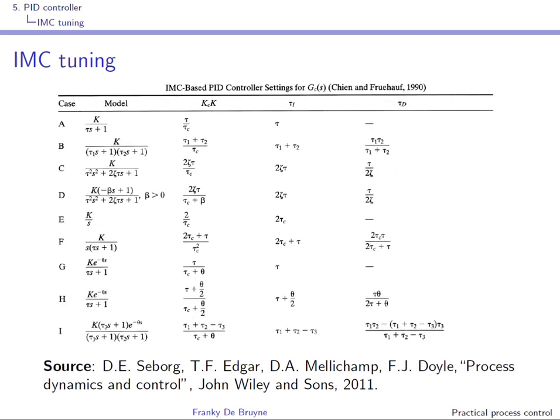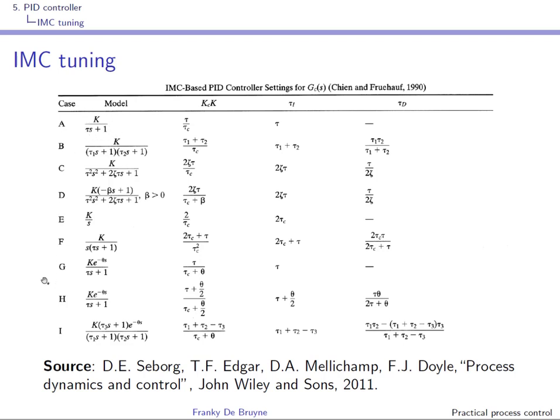We have here for each line a process with corresponding proportional integral or proportional integral derivative tuning rules. If you don't see anything for the derivative time constant, it means that a PI controller has to be used, and for instance this is the case, as we know, for a first order system.